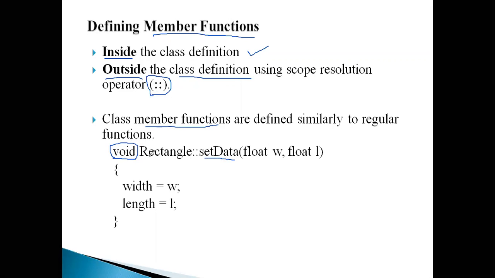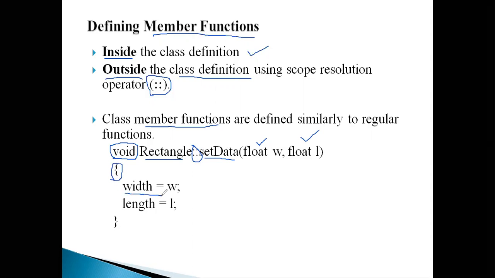Then I specify in which class the function is. The class name here is Rectangle, then the scope resolution operator, then setData. This is the name of the function, and for this function I am passing two parameters, w and l, with the data type float, and this is the beginning of the function.